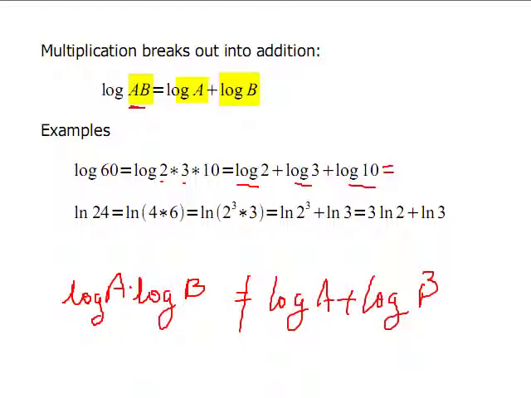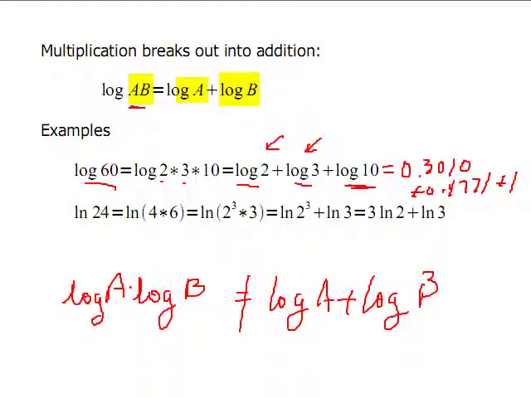Log 2 is 0.3010. Log 3 is 0.4771, so if you happen to know those, that helps. And then log of 10, of course, is 1. You could add all those up, and you would find the log of 60. So just by knowing a few logs, basically the numbers 1 through 9, and then using this rule, you can find the logs of other numbers.